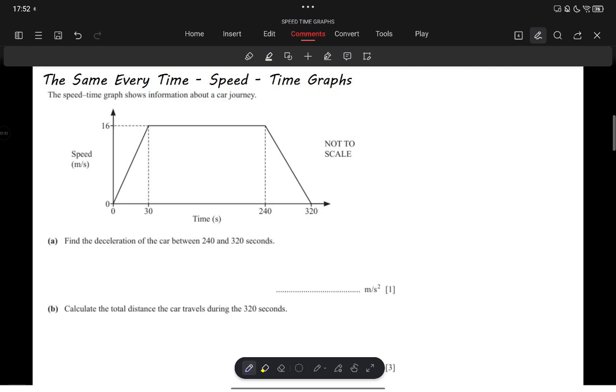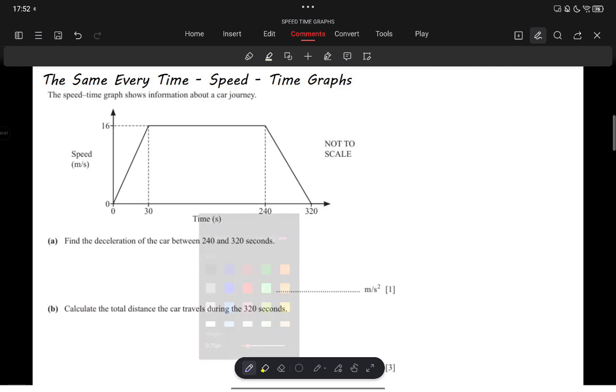As we said in the first video, if you watched that one, I hope you have, acceleration is given by the gradient of the speed time graph, and deceleration is a similar idea to acceleration, isn't it? Acceleration is when the speed is increasing. Deceleration is when the speed is decreasing.